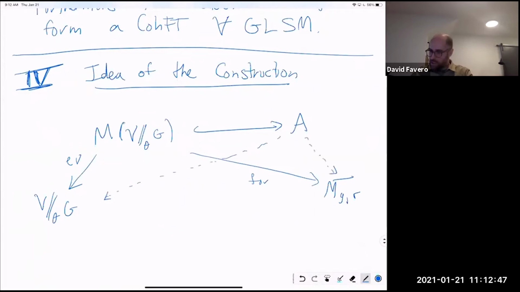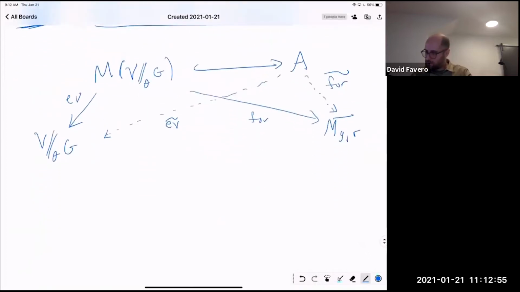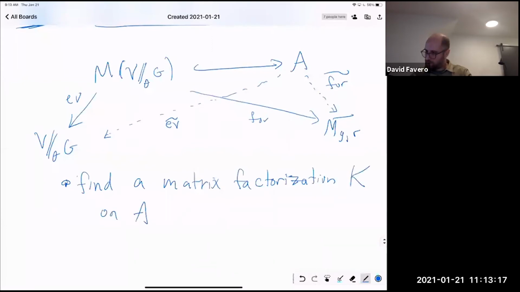And then the idea is we're going to find a matrix factorization, a virtual matrix factorization, K, living on A, but supported on the moduli space of maps to the critical locus.